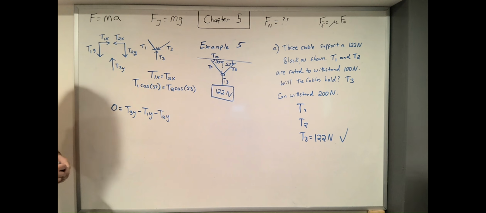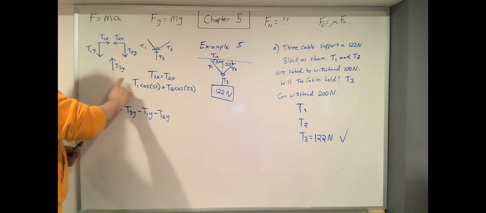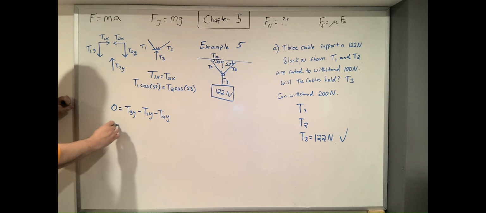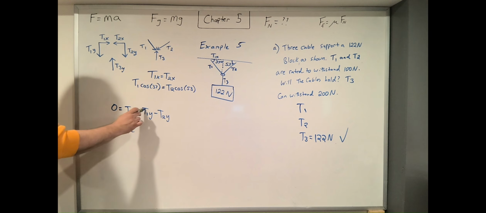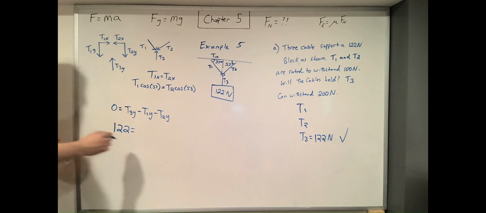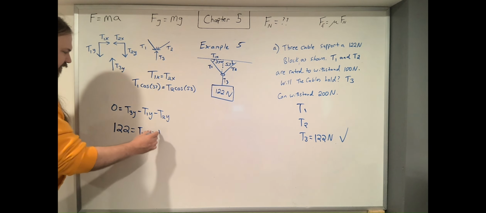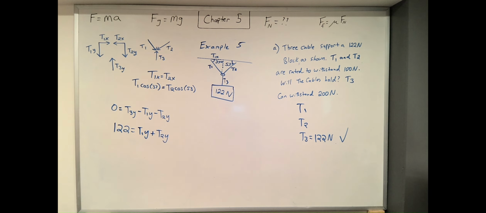Now, I've got T3y. I know T3y. T3y is 122 newtons. Okay, so I'm going to put 122 newtons for T3y. Now I'm going to add T1y to the other side, and I'm going to add T2y to the other side. And that gives me this.